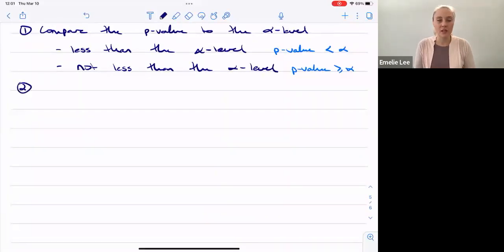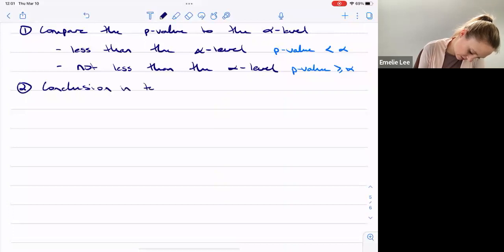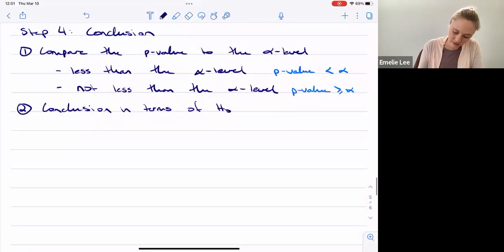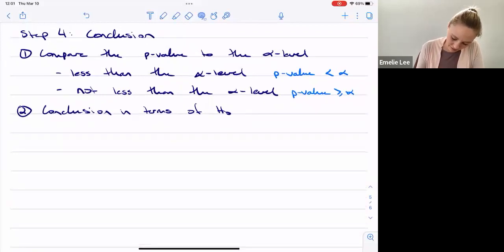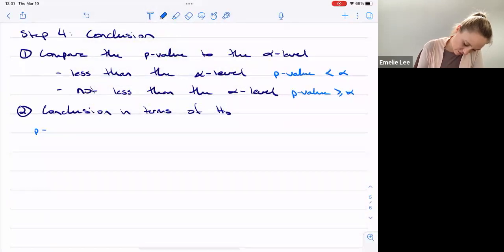So then your next step is your conclusion in terms of the null hypothesis. That's the same as the confidence interval approach, but with a twist because we're using the p-value approach. So your conclusion in terms of H naught. We had two options.